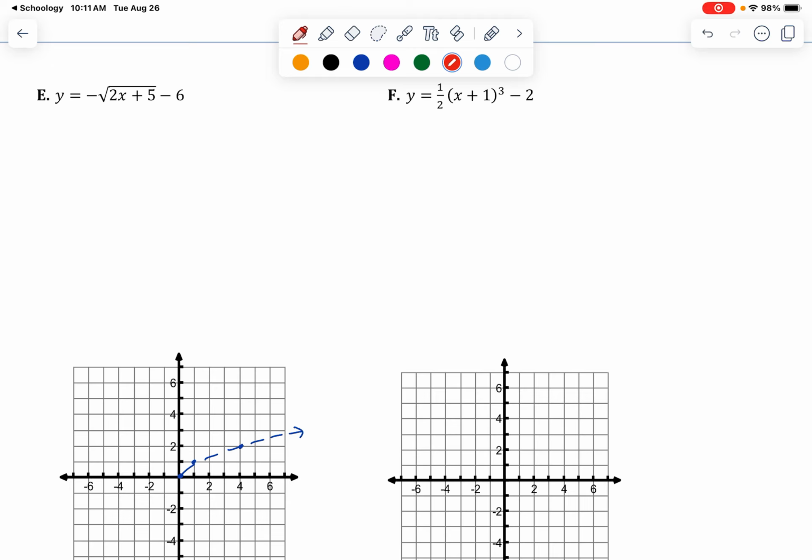We learned that yesterday, and it is currently not factored out. So if I want to physically see the b value, we're going to have to factor that 2 out of that inside, the radicand there. Sorry, I'm talking over myself here.